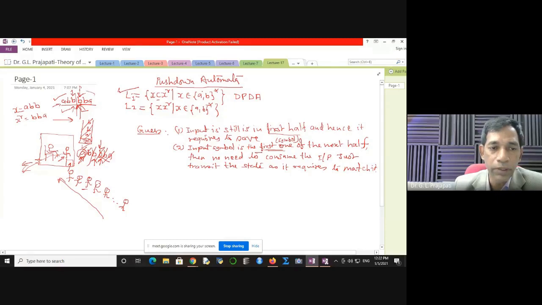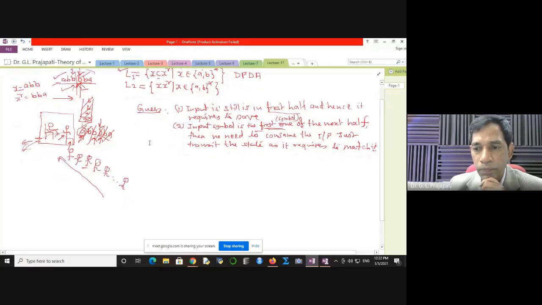You don't require to read this input, meaning don't consume it. Without consuming the input, you just transit the state, because you need to match this symbol. So no need to consume the input, just transit the state as it requires to match. This symbol is needed to match what you have earlier saved.